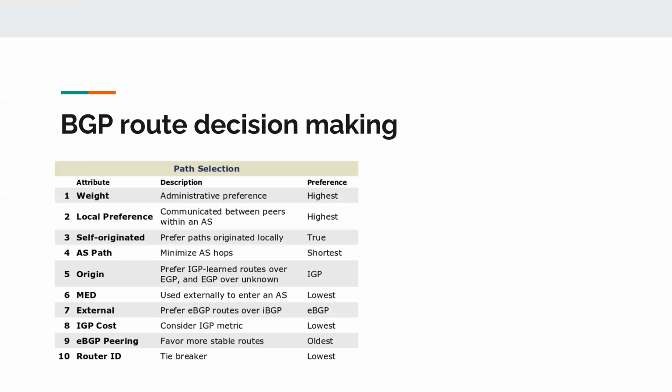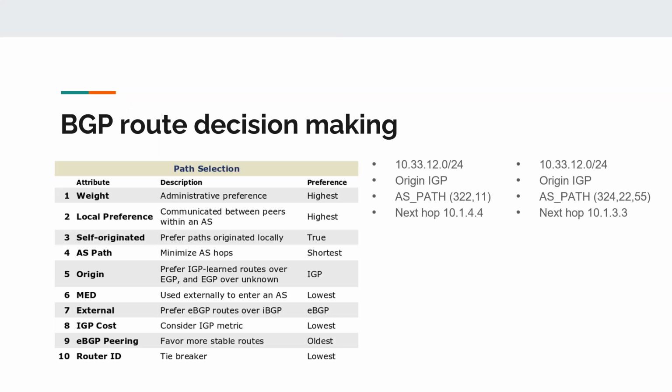Okay, then I will give two examples. In the first one, we can find the two addresses are the same, and they also use the same origin IGP. But in this example, in the left part, the number of AS hops is just 2, and in the right part it is 3. So given these parameters, we will choose the route on the left.